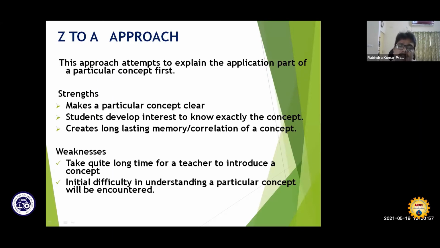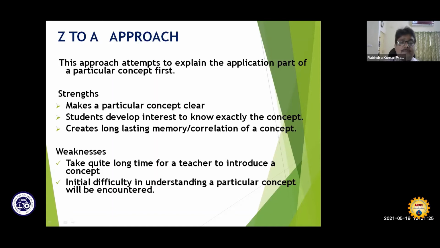Similarly, in every theory, the teacher has to maximize its impact by telling the application part. That is what we call the strengths. It makes a particular concept more clear. Students develop interest to know exactly what the concept is and what its practical usefulness is.